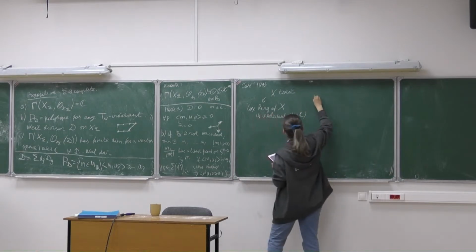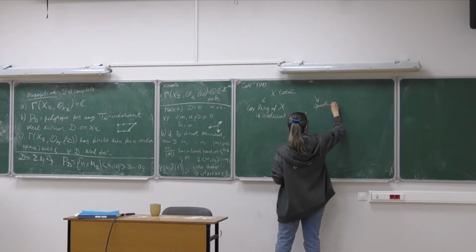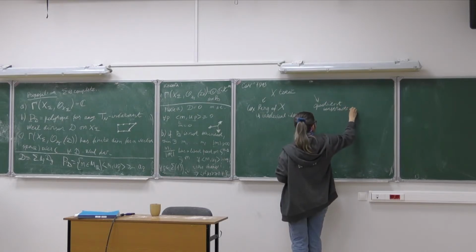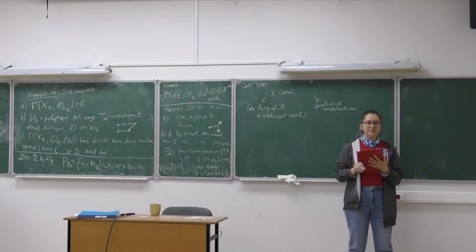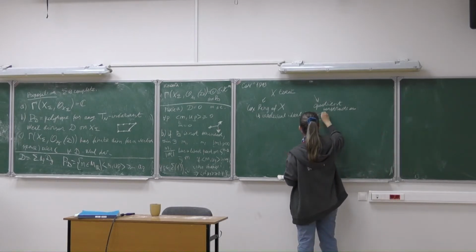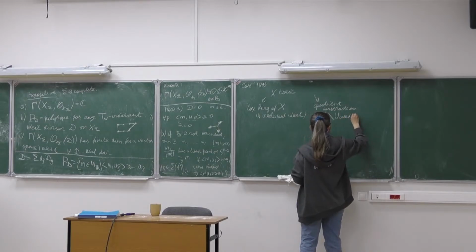Also, we are going to discuss the quotient construction. It is very close to this. We take a very big affine space, some affine space Cn. Then we throw out some union of coordinate hyperplanes.